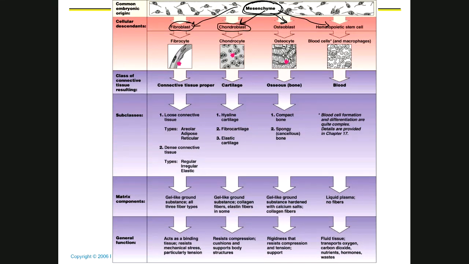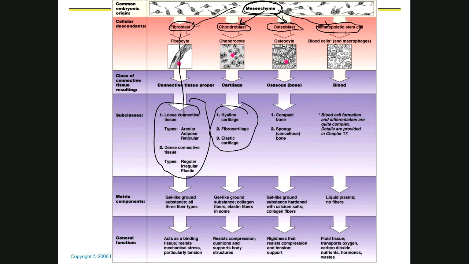And then the cell is going to produce the matrix, and we're going to get the tissues. Here are the connective tissues proper. Here are the cartilages. Here are the bones. And here is blood. Make sense to everyone? Anybody have any questions?